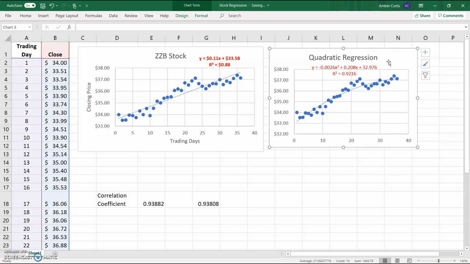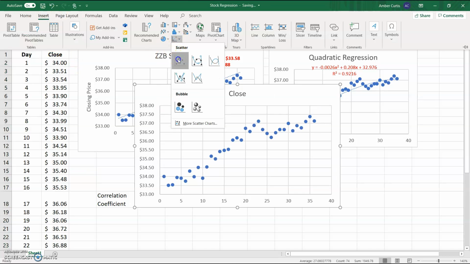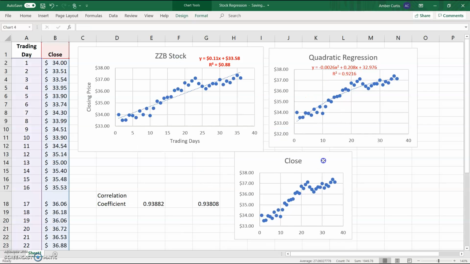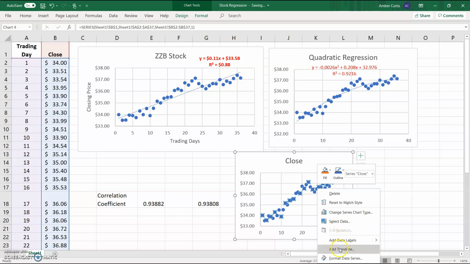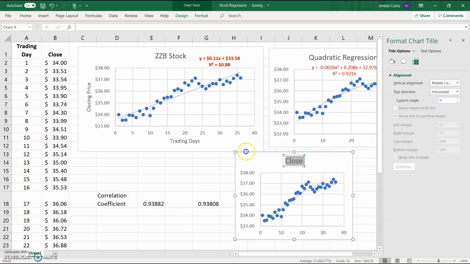All right, now we're going to repeat this, but this time, when we create our scatter plot and add our trend line, we are going to choose polynomial, and this time it's going to be order 3. Now, mathematically speaking, an order 3 is what we refer to as a cubic regression.